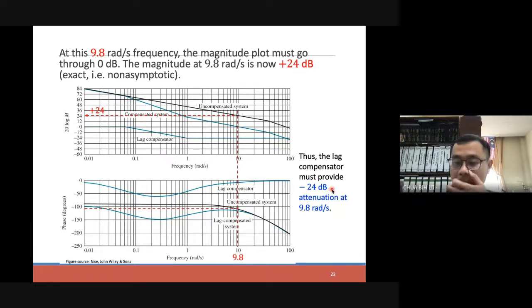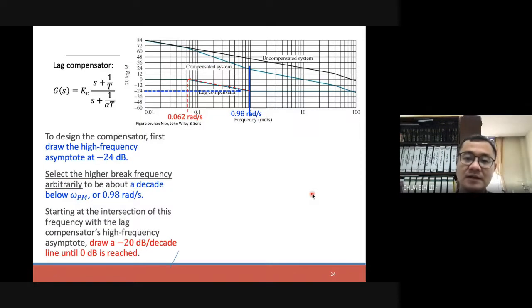So we write it as an attenuation of minus 24 dB, reducing 24 dB.